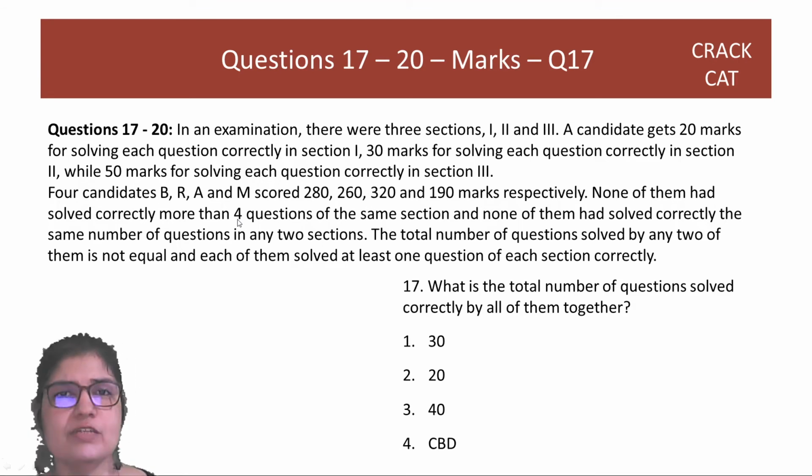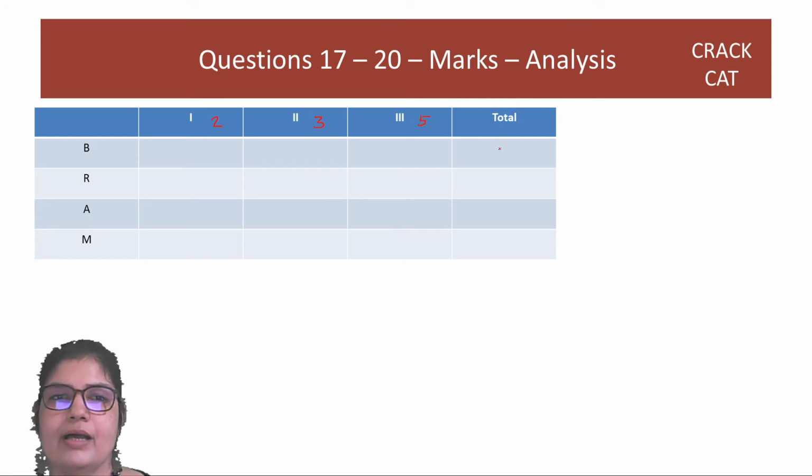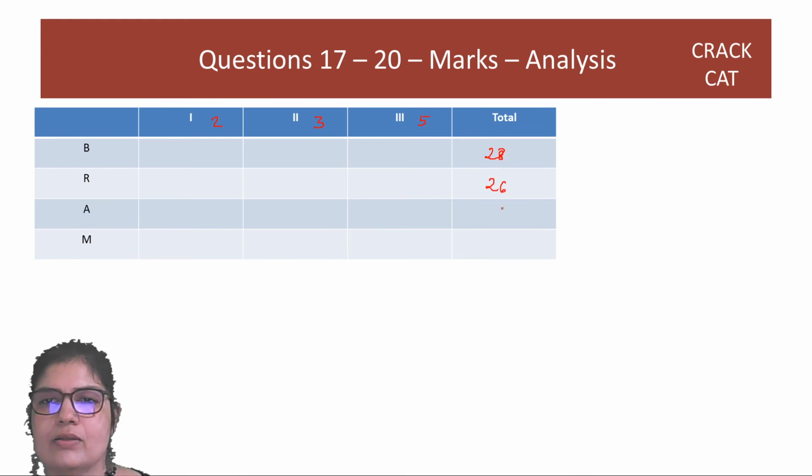We are getting rid of the zeros. Section 3 is 5 marks, and the candidates are B, R, A, M with 28, 26, 32 and 19. So let's write that down here: 2 marks, 3 marks, 5 marks and 28, 26, 32 and 19.